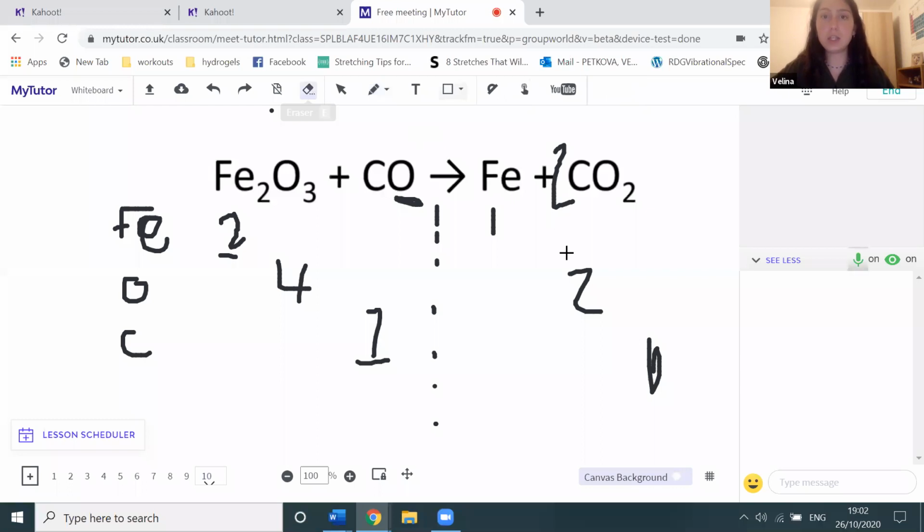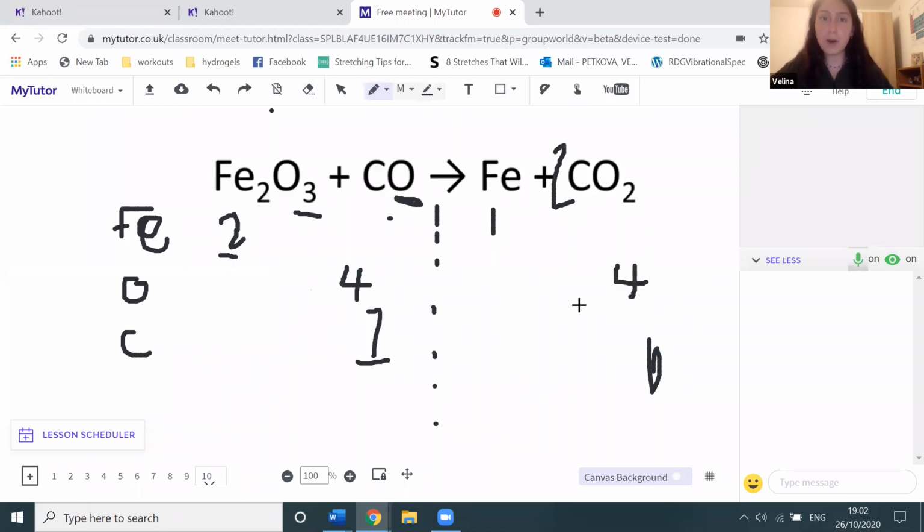So now we need to go back and check our carbon and our oxygen atoms. We need to count up how many we have on either side. On this side, we have 4 oxygens still, as we haven't changed that, and on this side, we now have 4 oxygens. So the oxygens are happy. However, now we've gone to 2 carbons, so the carbons are not happy.